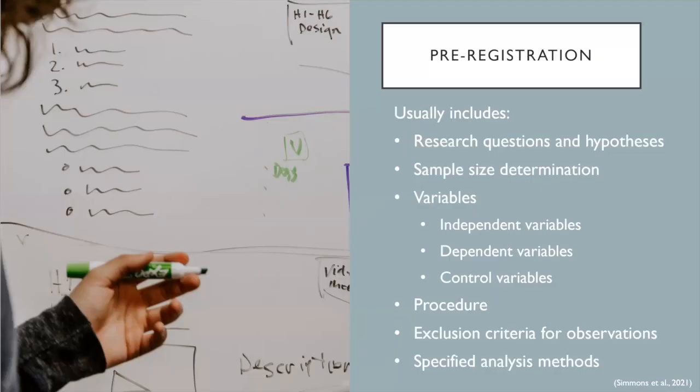So in pre-registration, plans can be prepared at various levels of specificity. They can be brief, for instance, only describing the research questions, hypotheses, and how you will test them, but they can also include more details. For instance, how sample size will be determined, how missing data will be handled, detailed information about the variables, for instance, how they will be coded and scored, the planned analysis, even the code that will be used.